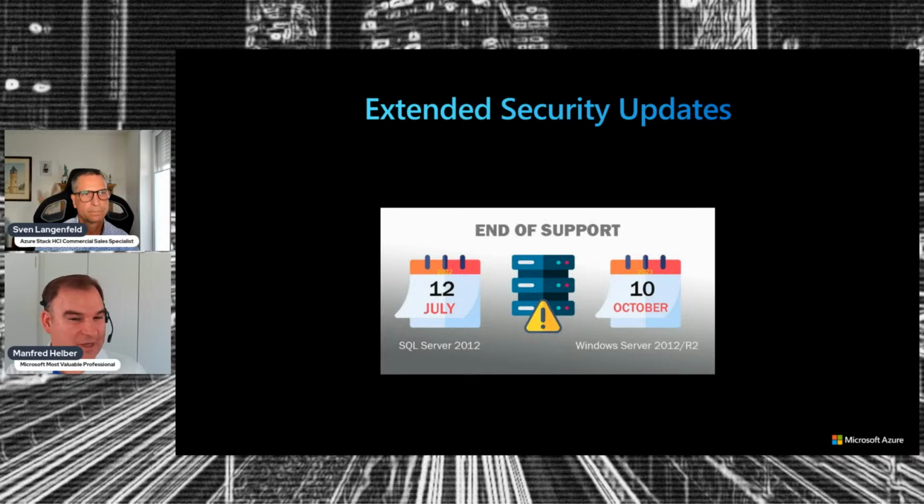Except there are some customers, they invest in extended security updates. And with extended security updates, we can enhance the support life cycle, typically for 3 years. With Windows Server 2008 R2, there was a special commitment for some specific situations where we had 4 years extended support option. And there are different ways to receive these extended security updates.